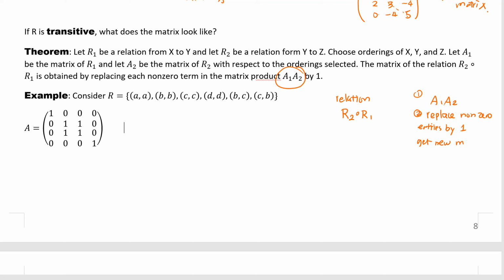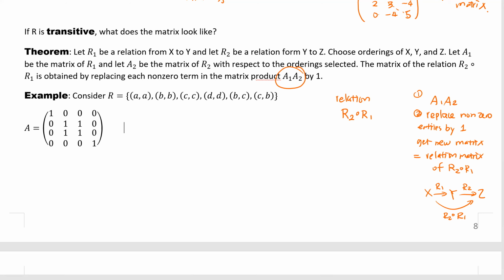This new matrix is the relation matrix of R2 composite R1. A remark is that you see the order: A1 goes first, times A2, and the relation matrix is for R2 composite R1, because R2 composite R1 means you do R1 first and then you do R2. And then the composite is R2 composite R1.